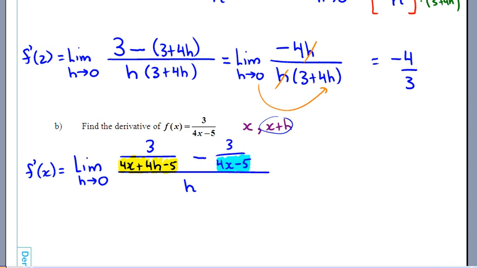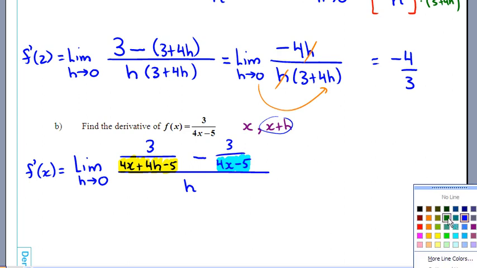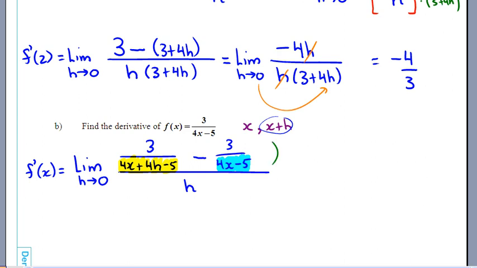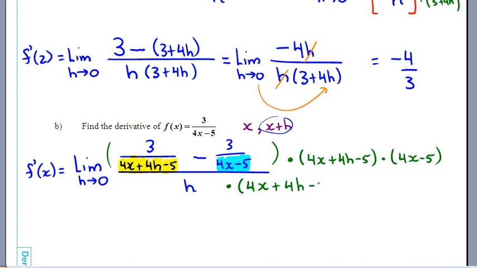So when I decide what to give this a little kick with, I have to go with the least common denominator, which in this case would actually be both of those factors. It's going to be 4x plus 4h minus 5. Also, though, just a 4x minus 5. In terms of algebra, those are different factors, because right now h isn't 0 yet. And I have to be fair and do the same thing in the bottom too. Or at least I have to tell people that I'm ready to do that in the bottom.